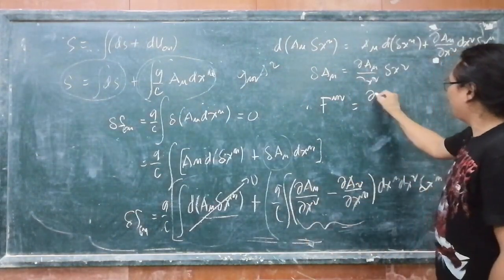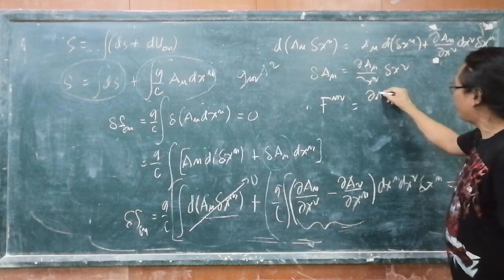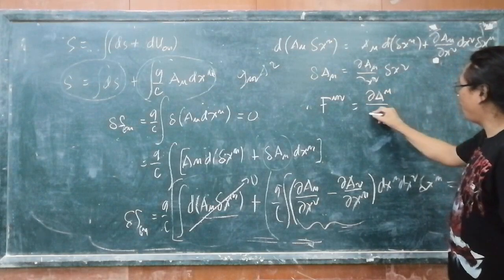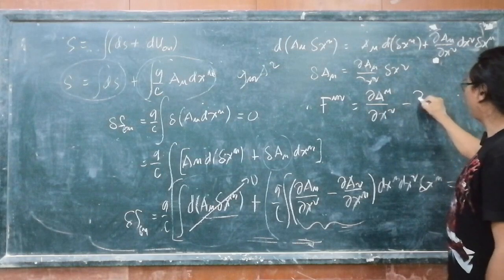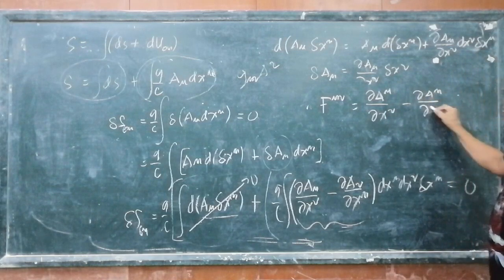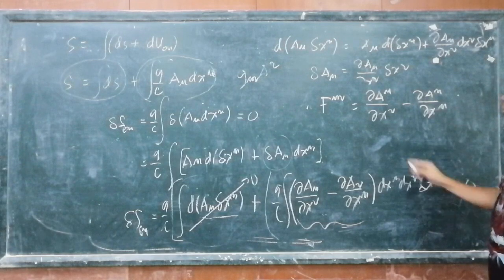So F_mu nu is partial A_nu over partial x^mu minus partial A_mu over partial x^nu.